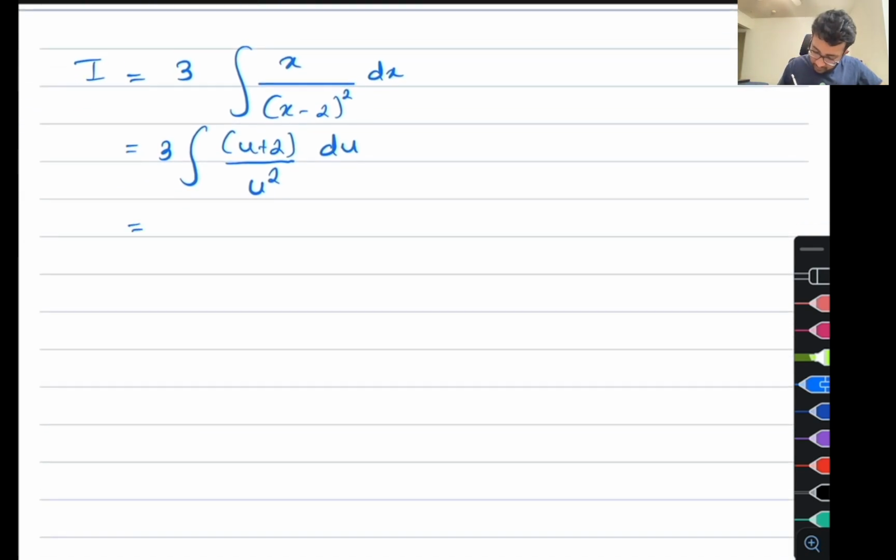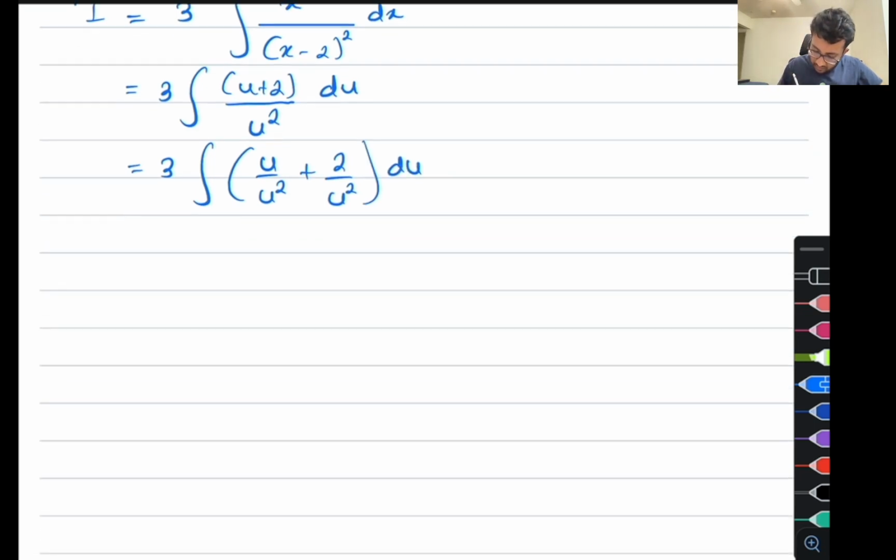Now my integral would become (1 divided by u) over u square plus 2 over u square du. So it is going to be 3 times the integral of 1 divided by u plus 2 divided by u square du.